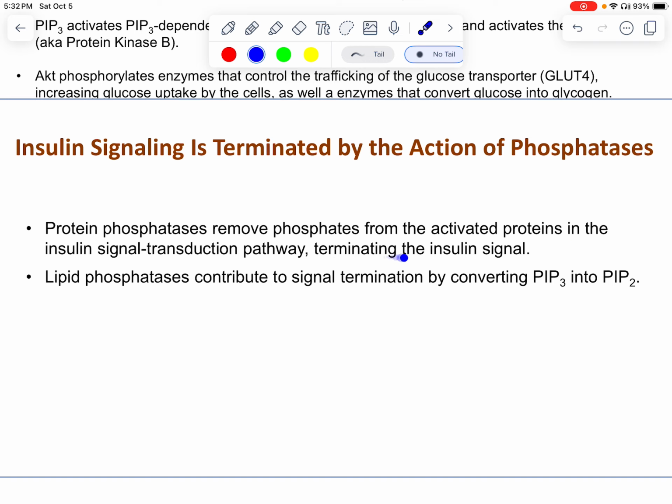And then that'll terminate that whole line of reactions. Lipid phosphatases can also have an effect because they can convert that PIP3 into the PIP2. So essentially, we're going to terminate this action by removing phosphates, either from those proteins or from the lipids.